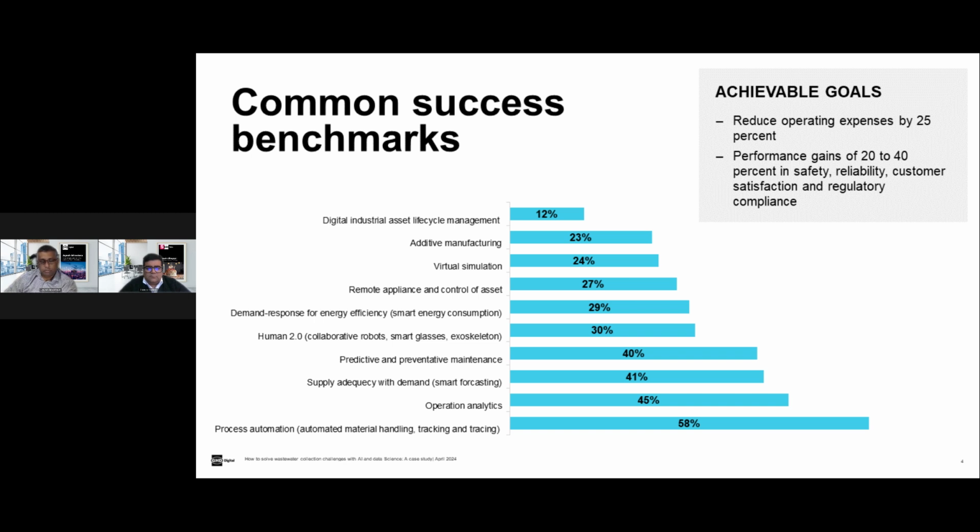You can see most of them are using process automation, operational analytics, and predictive and preventive maintenance, as Bhavin said. In water utilities, process automation enhanced by data science means more than just efficiency for us.